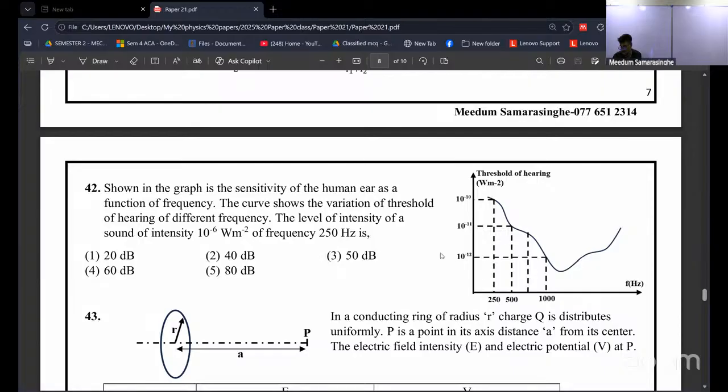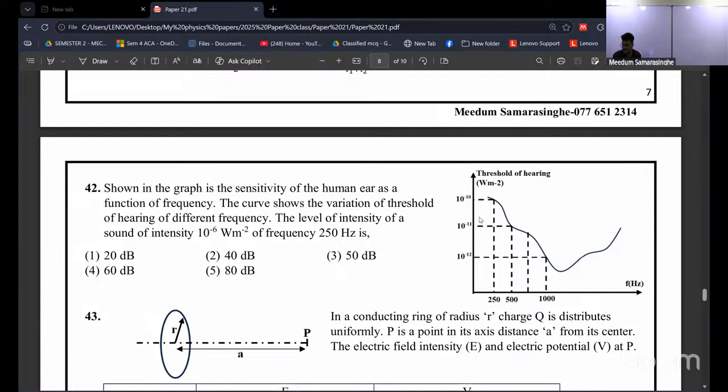The threshold of hearing means the minimum intensity of that frequency that the person requires so that he can hear that sound, right? That is the threshold. So actually, when the frequency of the sound changes, the threshold will also change.